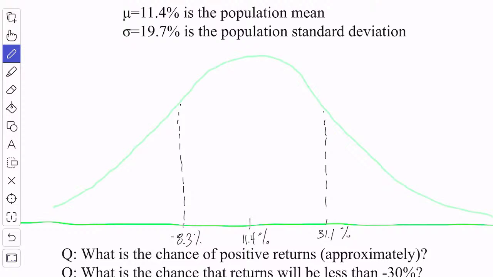And then going over a little bit more, that's 2 standard deviations, and then 3 here.